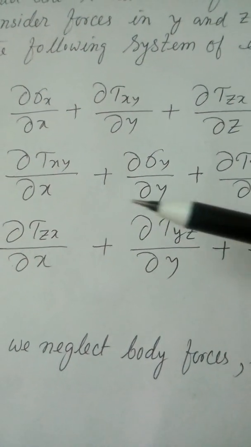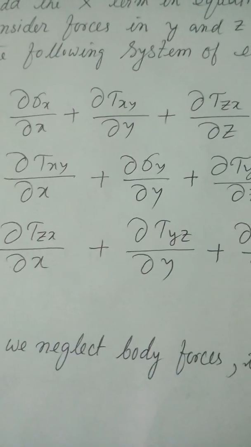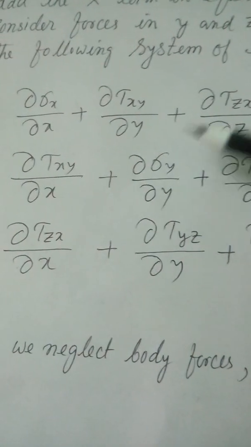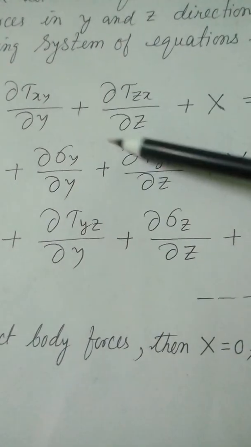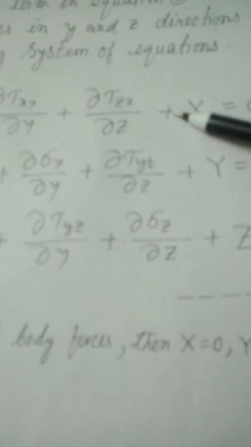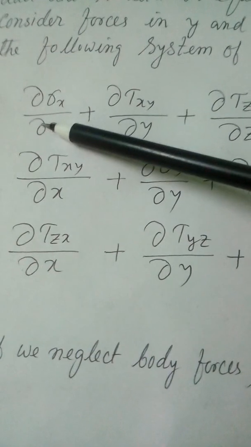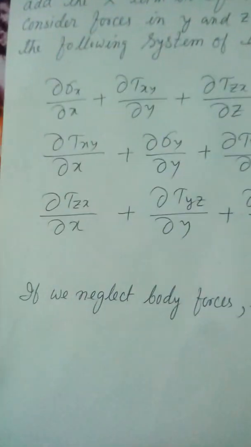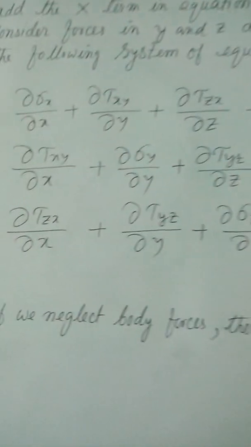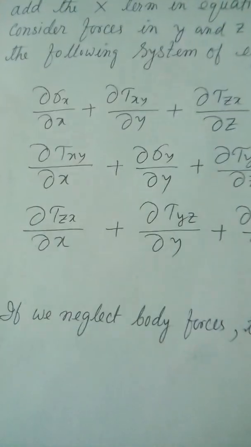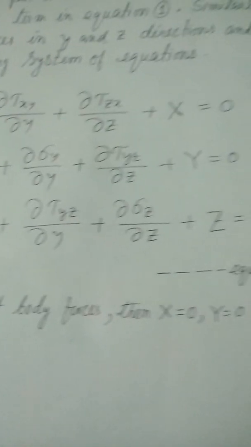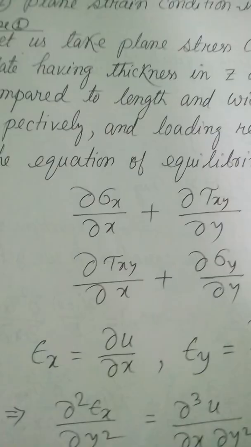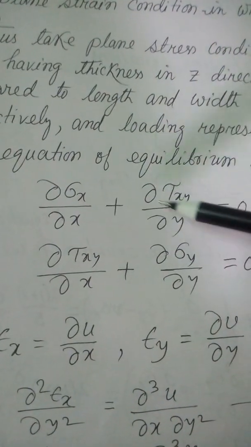Now if you take the z direction, the thickness is very small, so there won't be any z, so this will not be there, and body forces we are taking as 0, so only these two equations will be there. So we have reached these two equations.